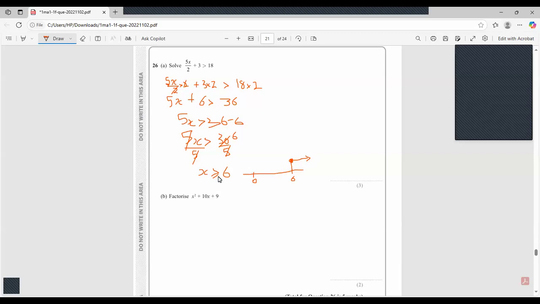But since 6 is not included, I didn't need to color it. So I'm just going to take those ones that I added out because they are not part of the answer. Okay.